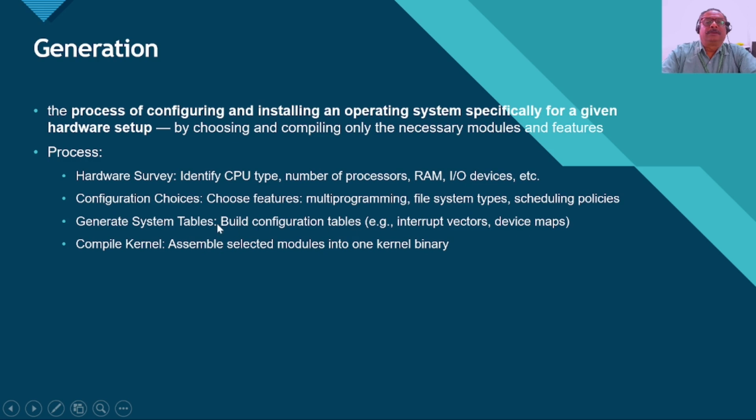Once the system tables are generated, the kernel is compiled and it assembles the selected modules into one kernel binary. So it usually is not a single entity. For each of these individual systems, there will be different modules, and depending on what is required, that has to be used.